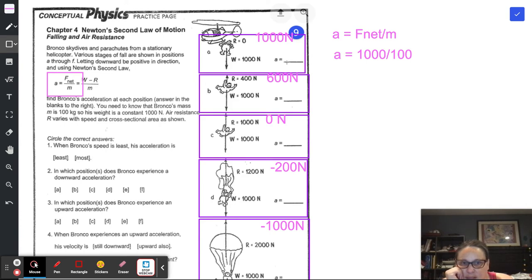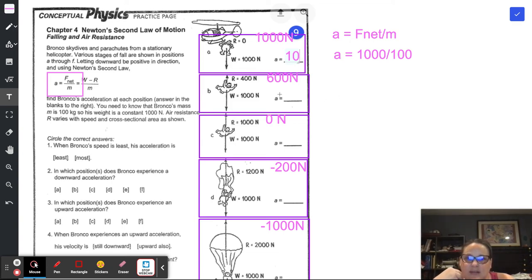So 1,000 divided by 100 is the acceleration at this point. We're going to type that in, and it's 10. That is actually acceleration due to gravity. Before he has any air resistance, he's getting a maximum acceleration of 10.